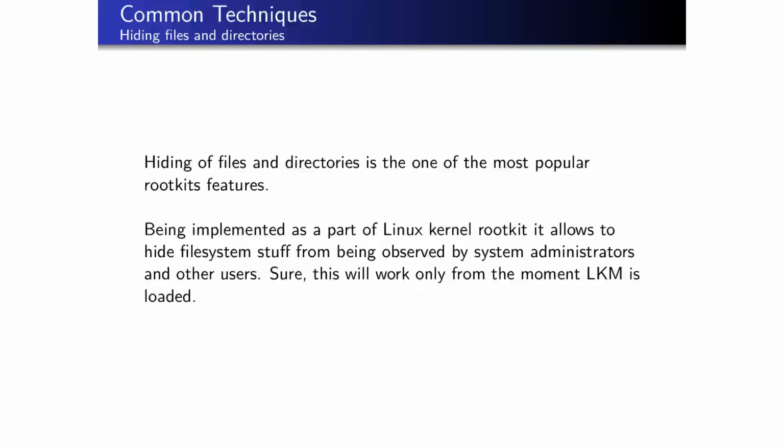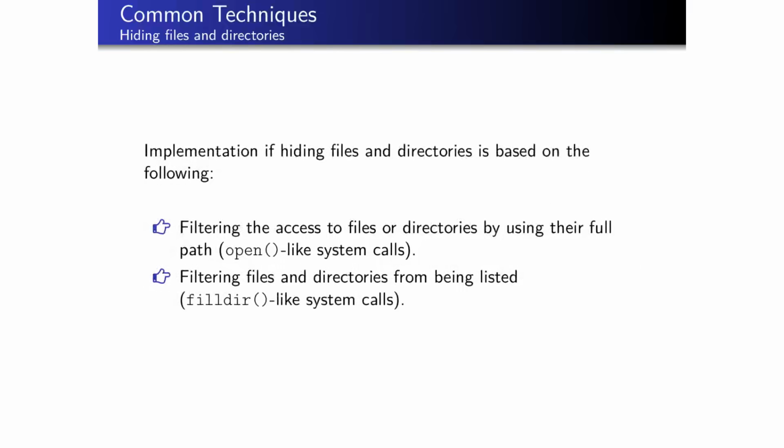The next technique is about hiding files and directories. It is also one of the most required features of a rootkit, because it allows one to hide stuff on the file system. Basically it can be implemented using a few approaches.